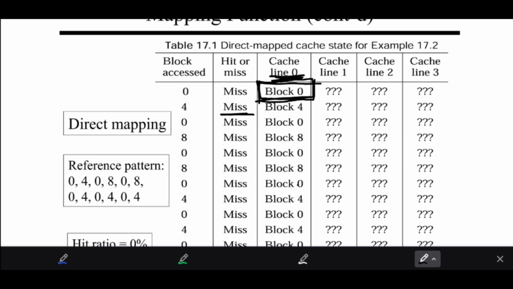Block 0 is already available in cache line 0, so we replace block 0 on cache line 0 and enter block 4 there. And this occurs repeatedly.